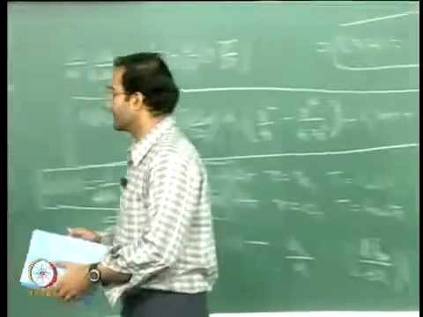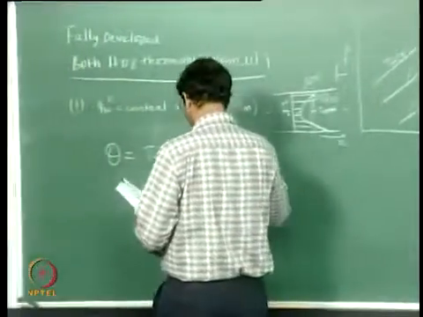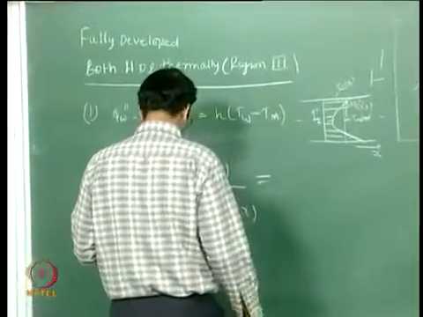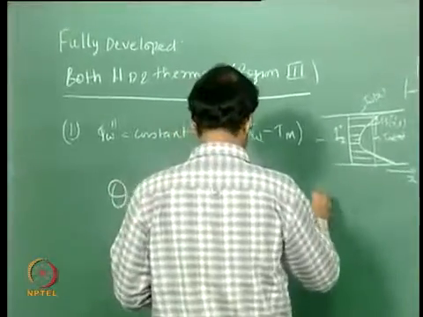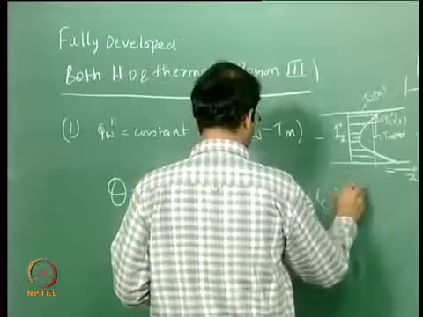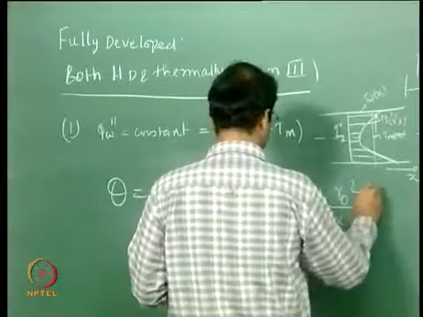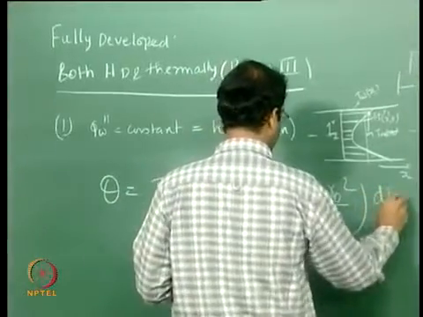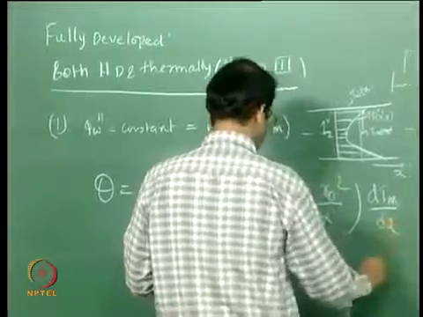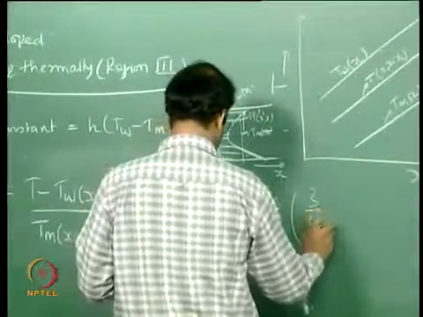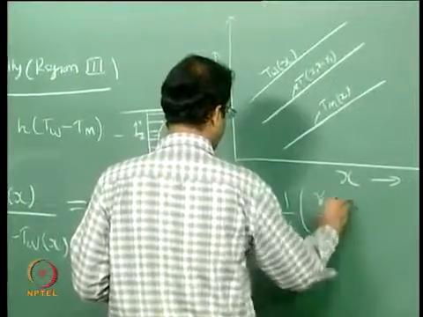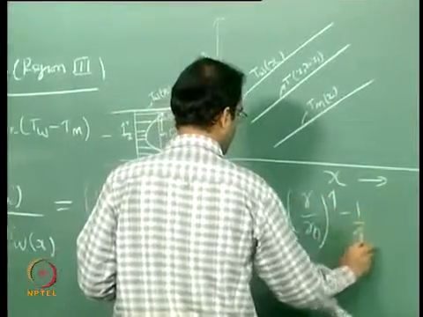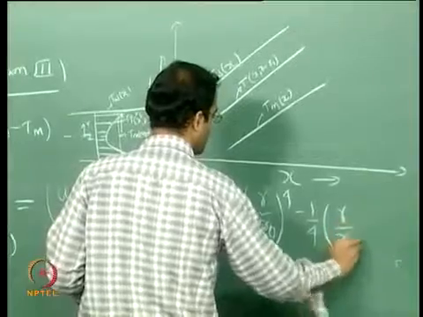So if you just substitute those expressions, T minus T wall will be UC r naught square by alpha into dTm by dx into 3 by 16 plus 1 by 16 r by r naught to the power 4 minus 1 by 4 r by r naught square.